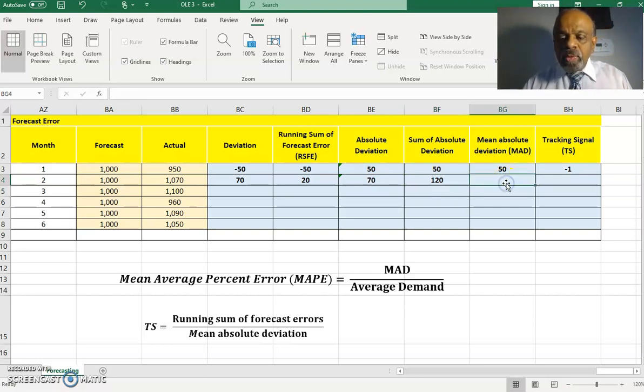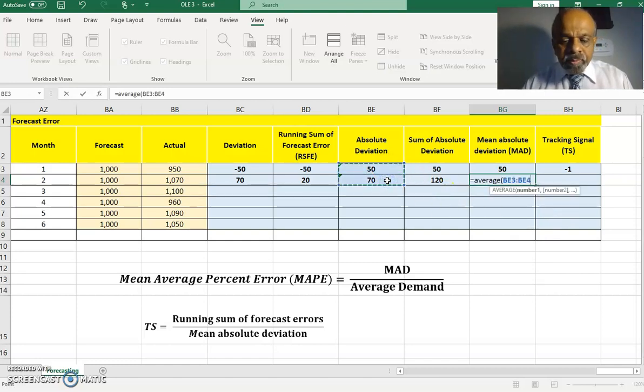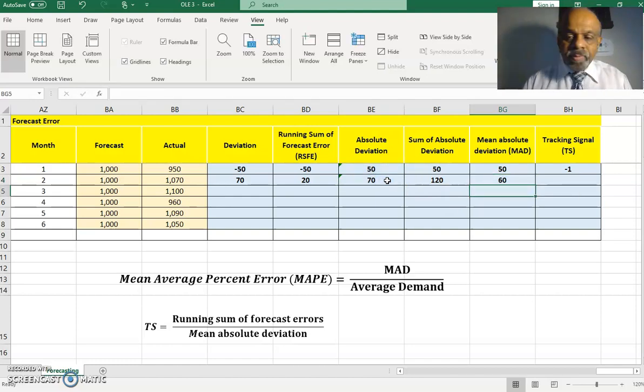The mean absolute deviation is the average of these two, the average of 50 and 70, that is 60.